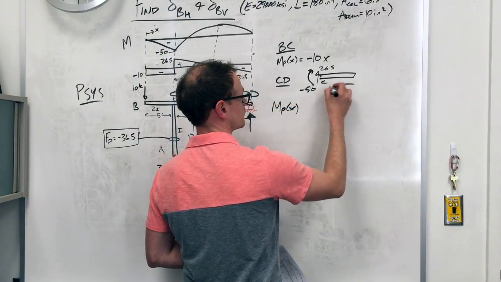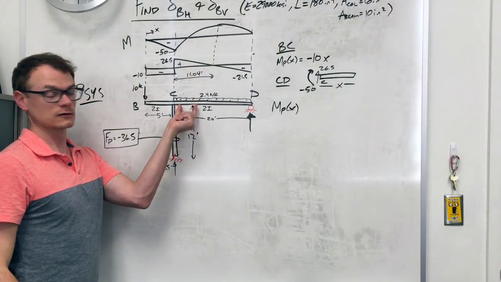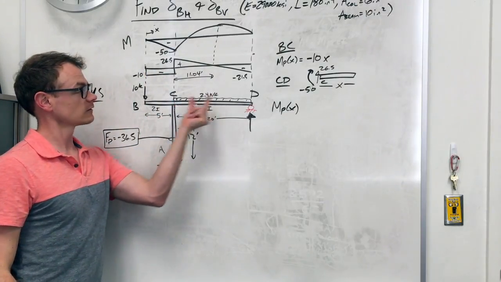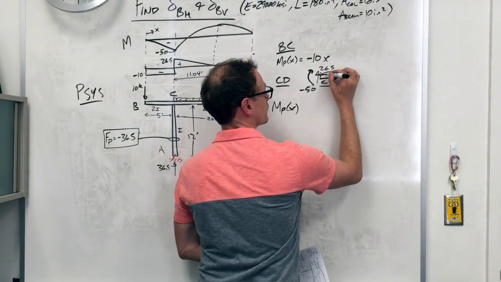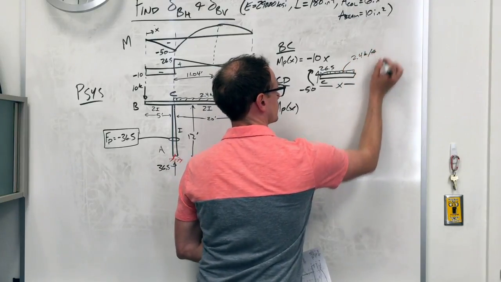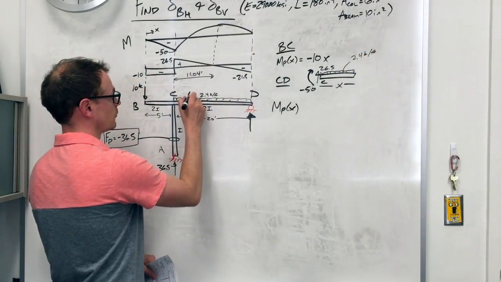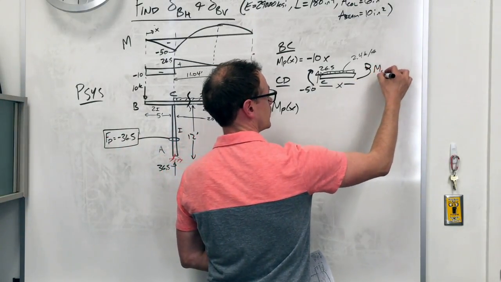Okay, so I'm going to cut a distance x, so I'm just cutting somewhere in here, right, from C to x. So I need to replace, or I need to copy over my distributed load. This is 2.4 kips per foot. And then I'm looking for the internal moment, so I'm making a cut right there. So the internal moment is MP of x.